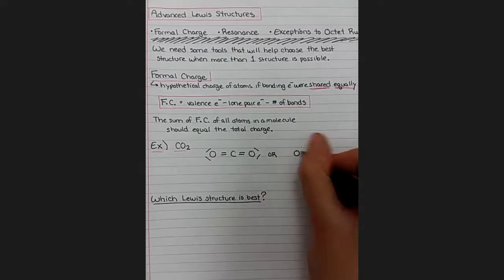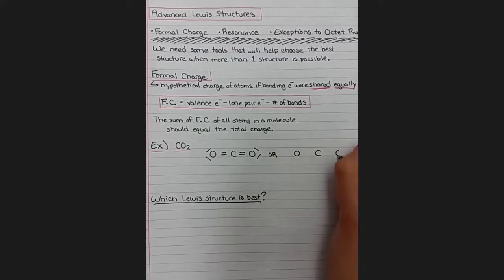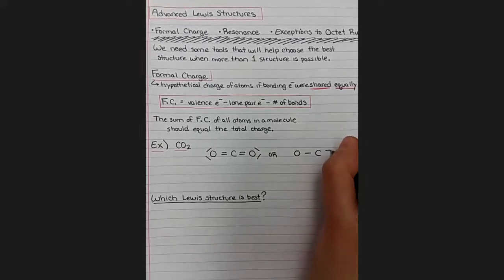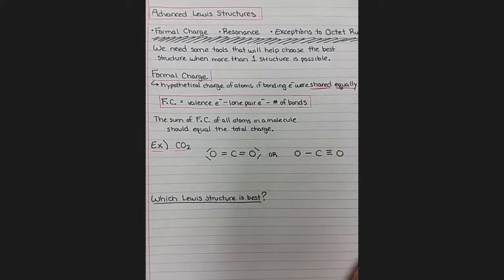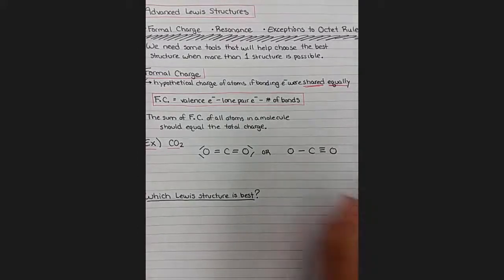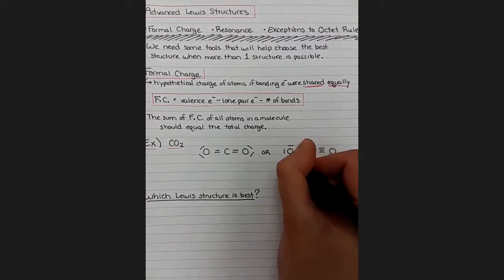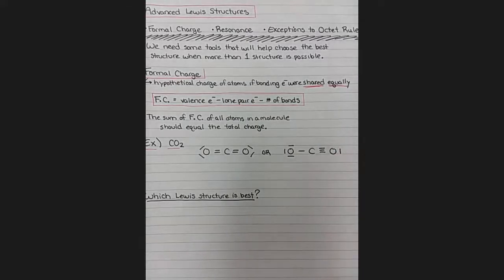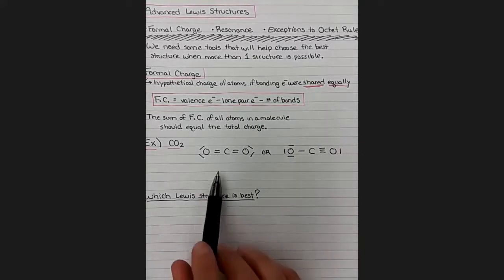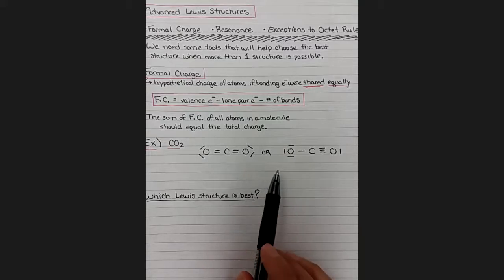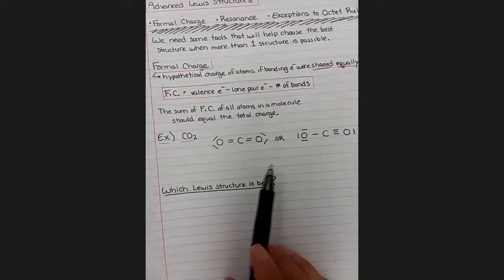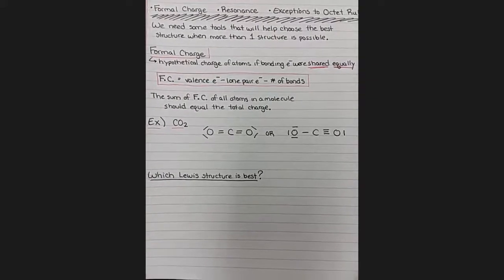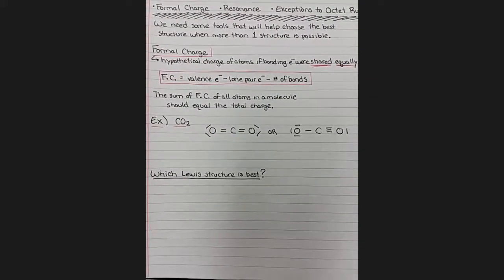Another viable option would be a single bond between one carbon-oxygen pair and a triple bond between another oxygen-carbon pair, with the single bonded oxygen having 3 lone pairs and the triple bonded oxygen having 1 lone pair. So let's look at the formal charges for each of the atoms on these molecules as a tool to help us decide which molecule might be the one that really exists.